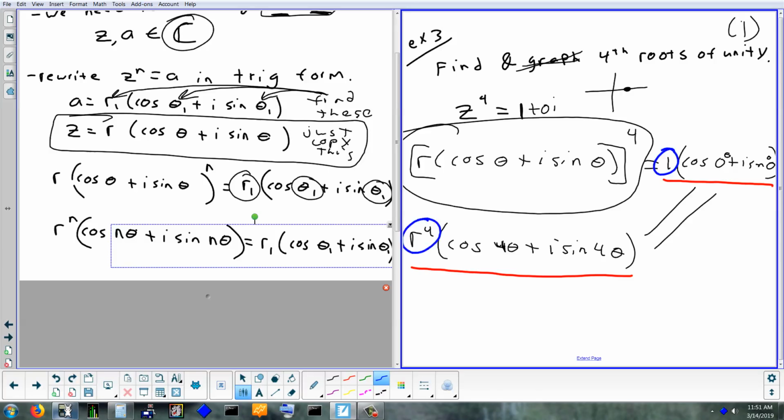Whatever's on the left has to equal what's on the right. That's the equation we're going to solve now for the radius. You could probably already figure out what number to the fourth power gives you 1, but I'll show you how to type it out. Now, what's the angle that's on the left?